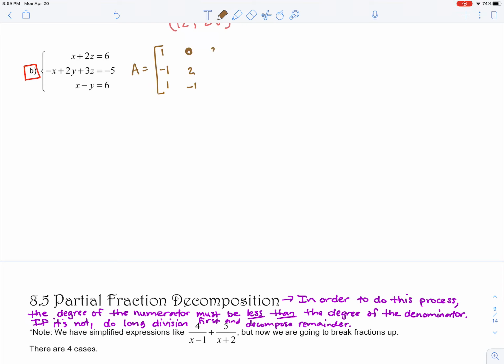So 0. Here's the Z coefficients. So this is the same matrix that we found the inverse for above. Then the X matrix would be the unknowns. So here's what we're solving for. And then the matrix B is the constants.